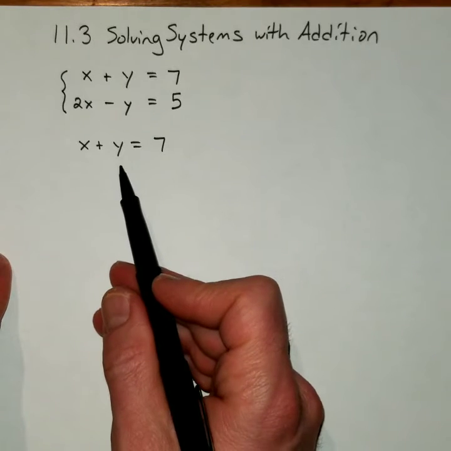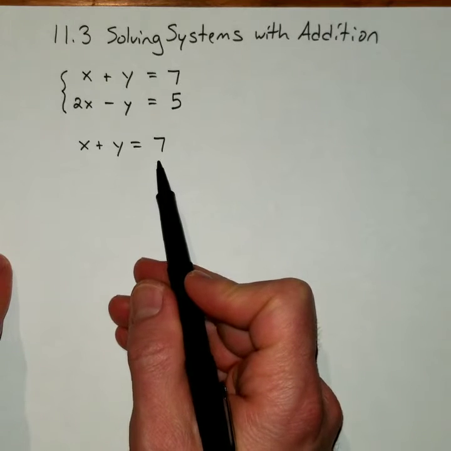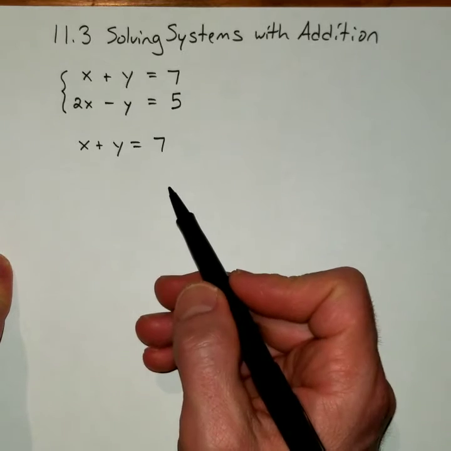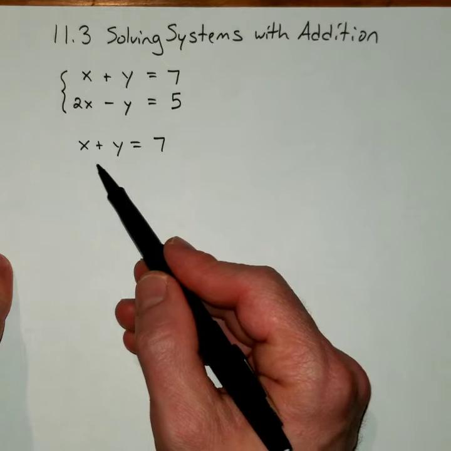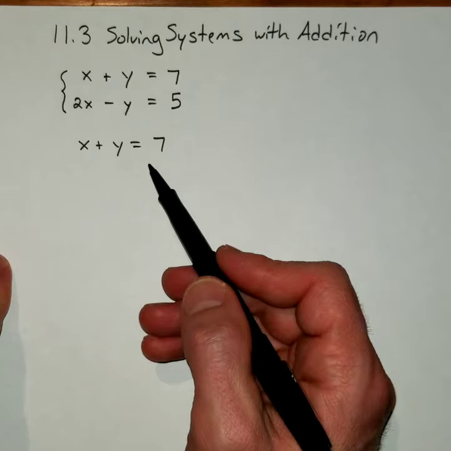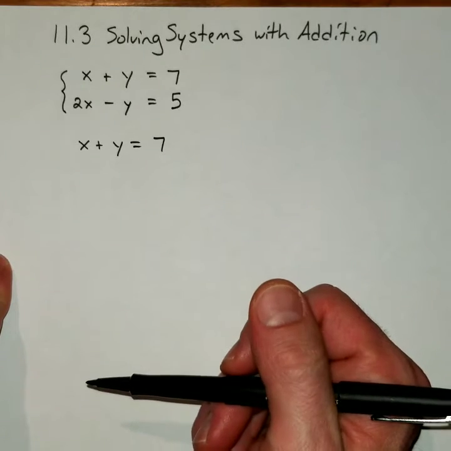Essentially, whatever you do to one side, you can do to the other side, within reason, as long as you're adding, subtracting, multiplying, dividing. Well, that means I can add anything I want to both sides of this equation. Anything. I could add 1 to both sides, and that's okay. I could add an x to both sides. That would be okay. I could add 12 to both sides, and that would be okay.